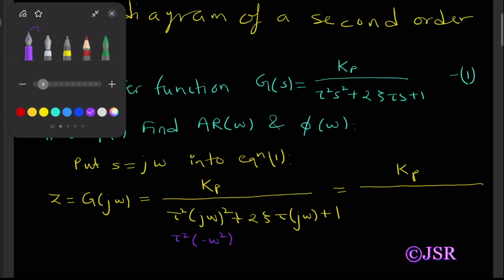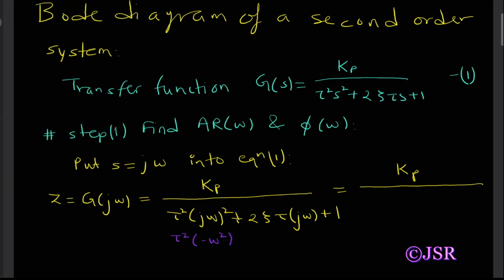So finally we will have 1 minus omega square tau square plus j 2 zeta tau omega.